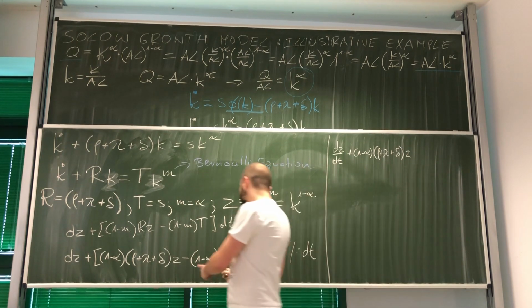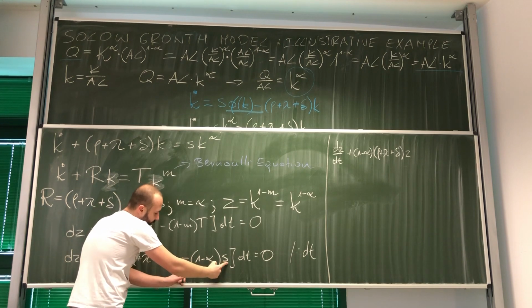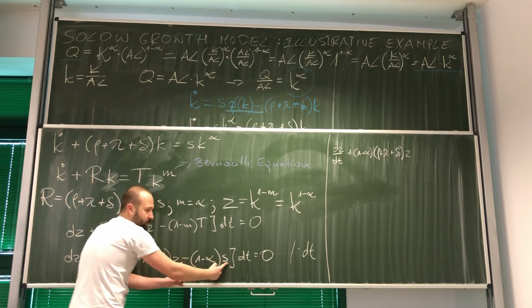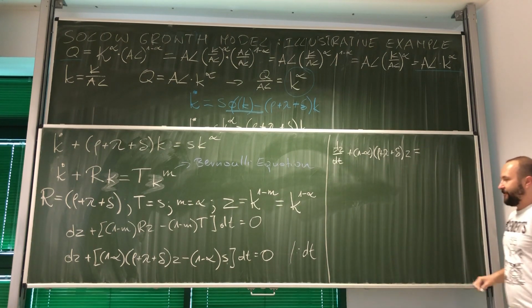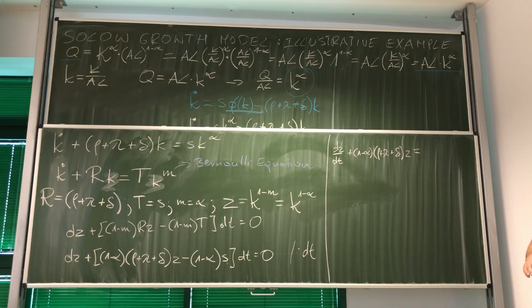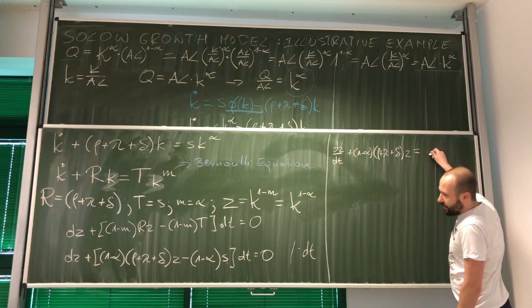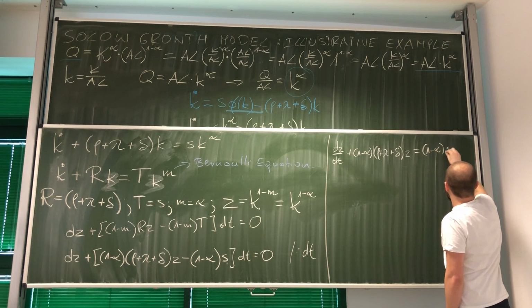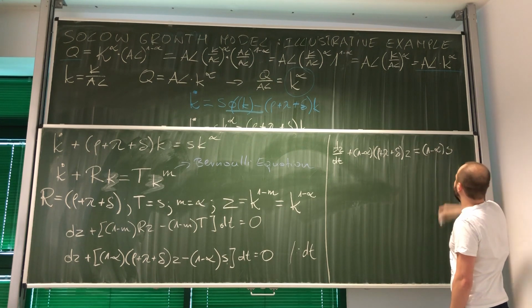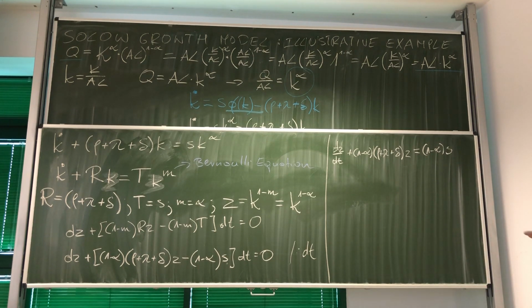And look, what I'm going to do right away as well is to move this expression to the other hand side of the equation. So I'm going to have here (1 minus alpha) s, and that's it.